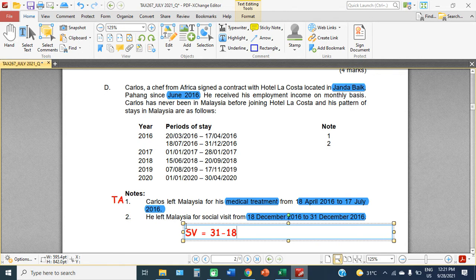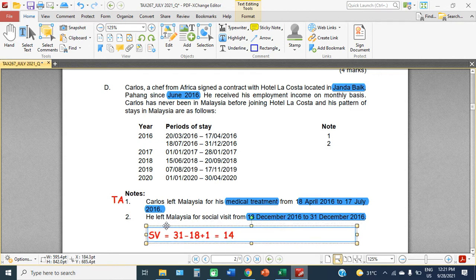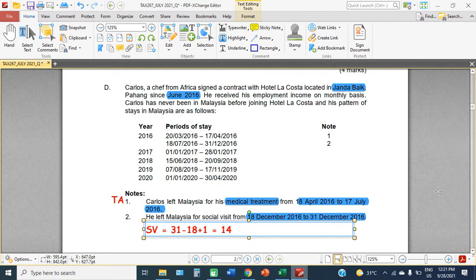Don't forget to plus 1. So 31 minus 18 plus 1, I got 14 days. Exactly 14 days. Because this is exactly 14 days, confirmed. This is also TA under the category of social visit.